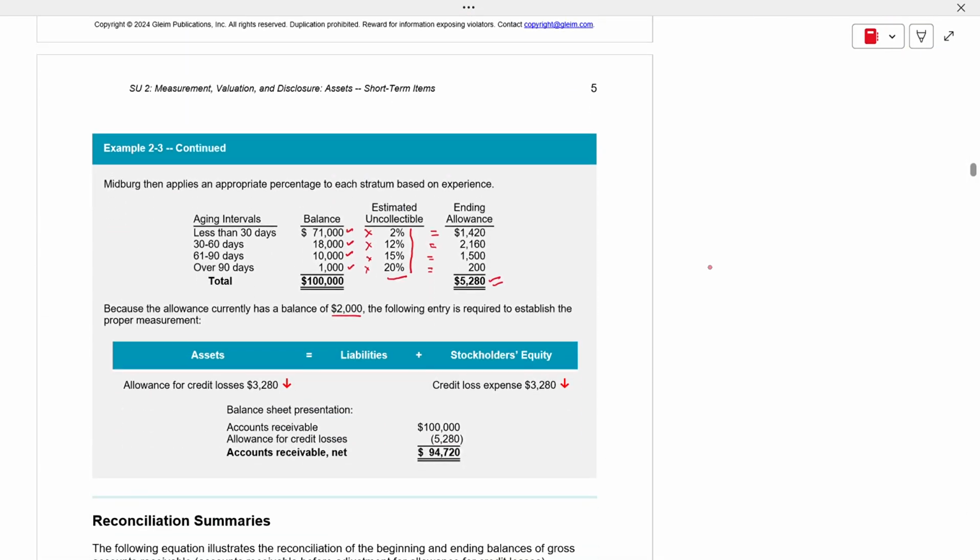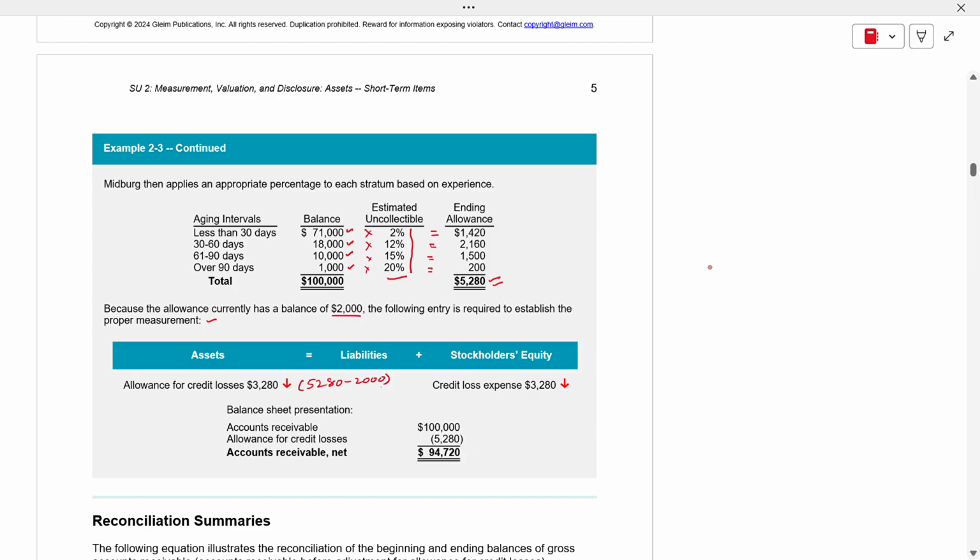The following entry is required to establish a proper measurement. If they already have 2000, then 5280 minus 2000 is 3280.